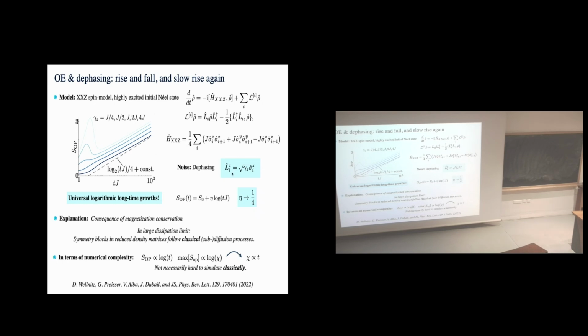The explanation is that if you do a perturbation theory in the large dissipation limit, and you look at this quantity, the operator entanglement, in a situation where you have a strong conservation law, you see that it has two contributions. One comes from the fact that you have a block diagonal form of your density matrix where you have a distribution of the blocks.